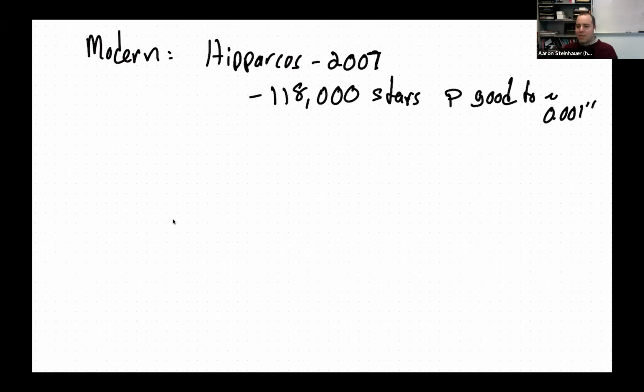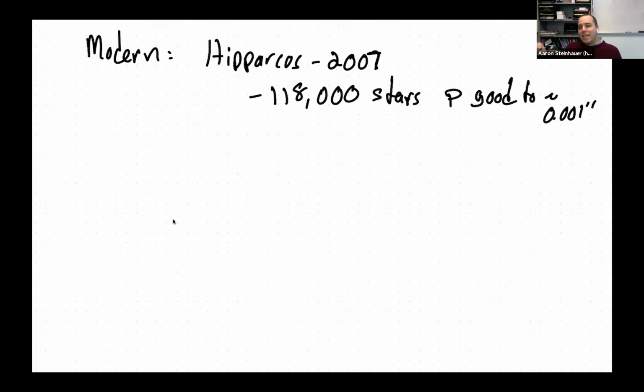That was the 1 sigma uncertainty, which is pretty amazing, right? That's a milli-arc second.